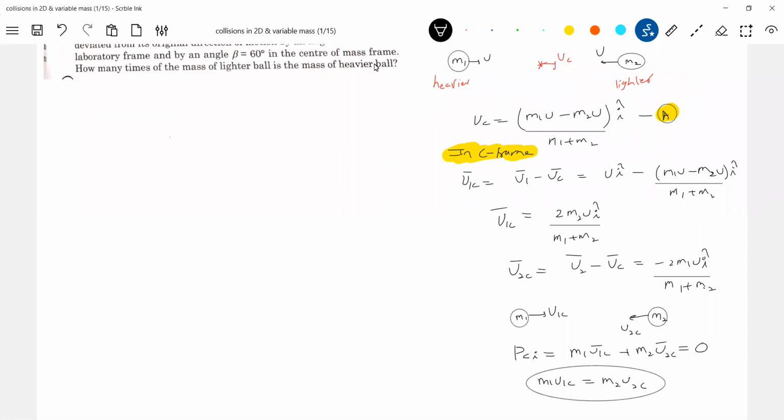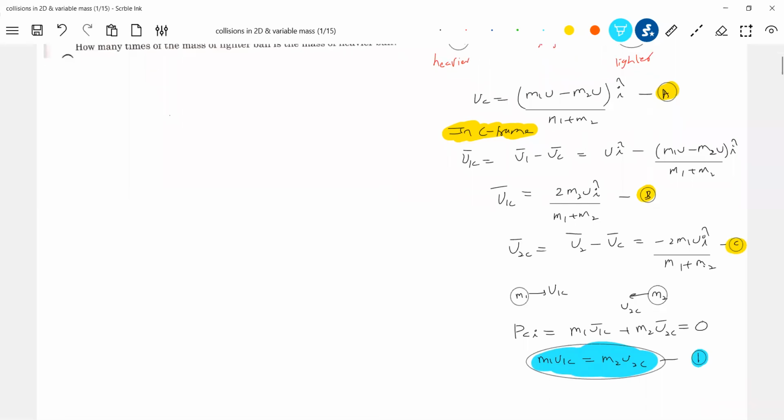So this is called equation A, this as B, and this as equation C. One very important relation: m1 u1c equals m2 u2c. I'm giving numbers so that it will be easy, because I have to generate almost 10 equations. Momentum with respect to the center of mass is always 0. I'll write it nearby so it'll be easy for you.